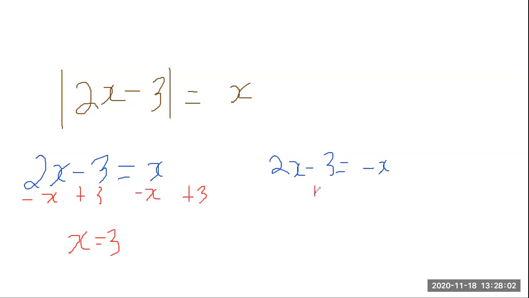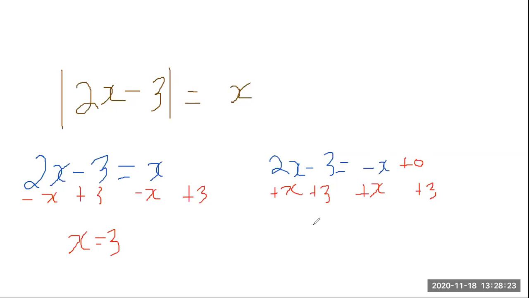And then it's the same thing on this side. I'll do a plus x, and then there's a plus 3 right here somewhere. Technically, there's like a plus 0, but why do I need to write plus 0?